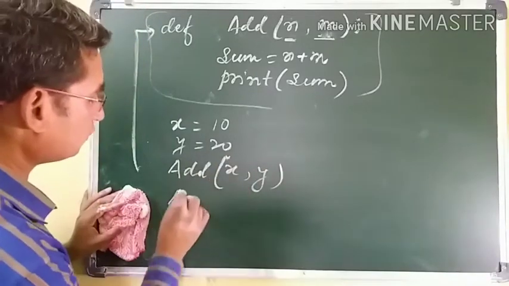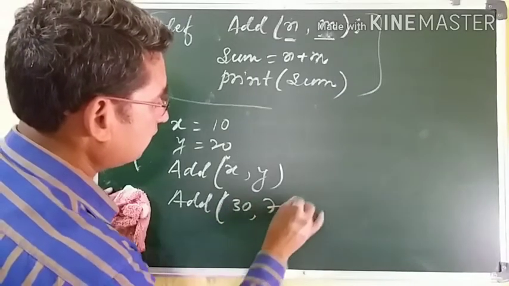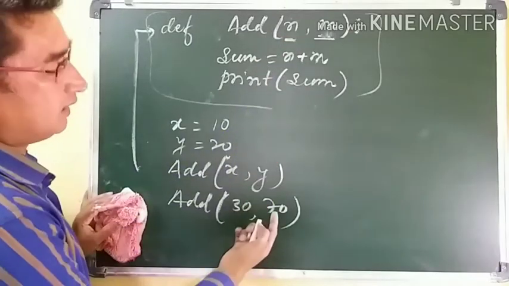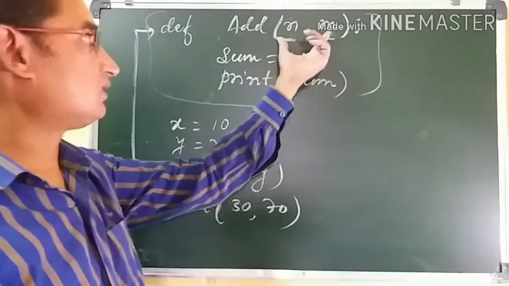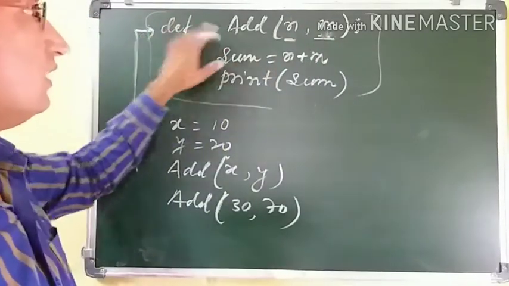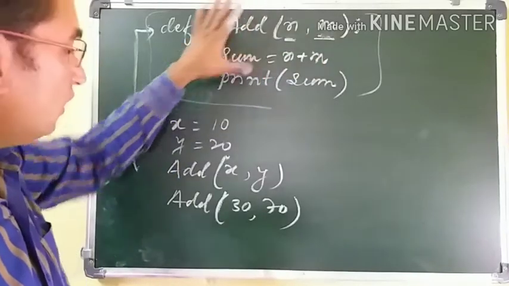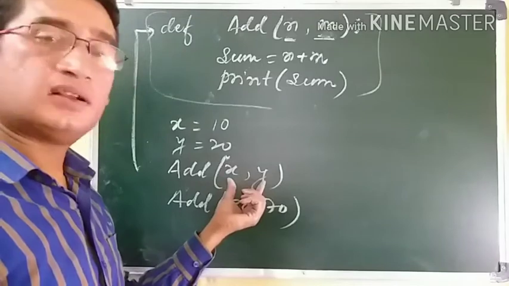You can also provide values directly, like 30, 70. Then 30 will be assigned into n and 70 will be assigned into m. In the function definition there are two formal parameters, so while calling this function you have to provide two actual parameters.